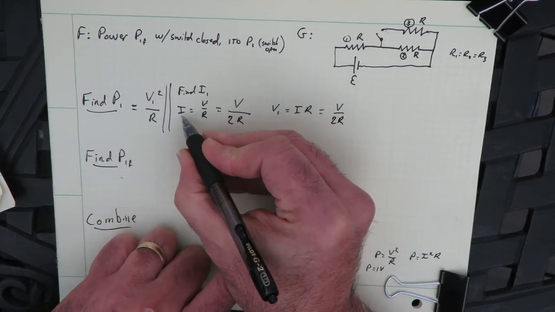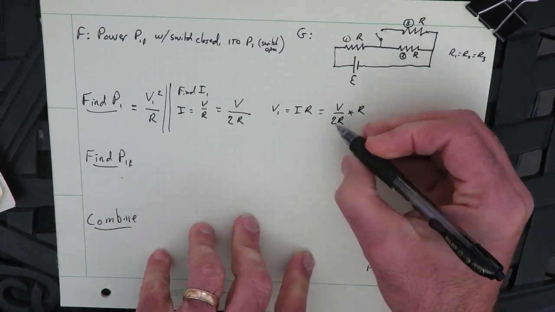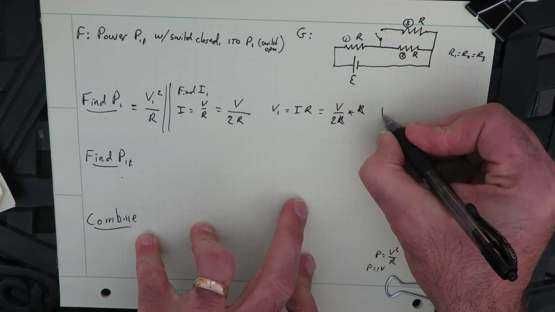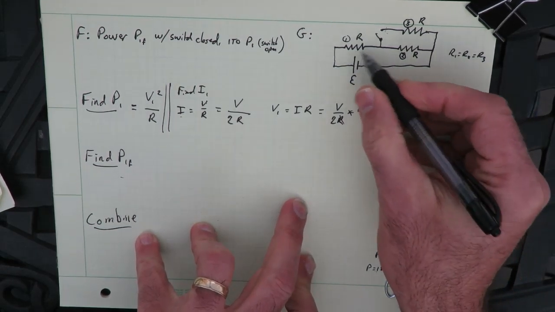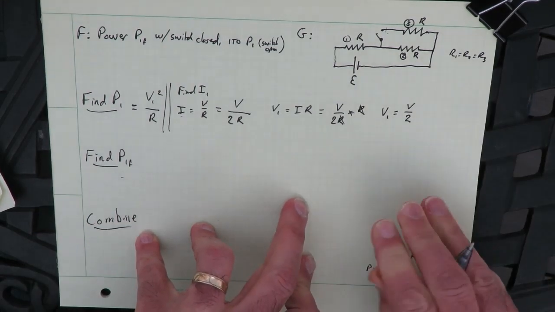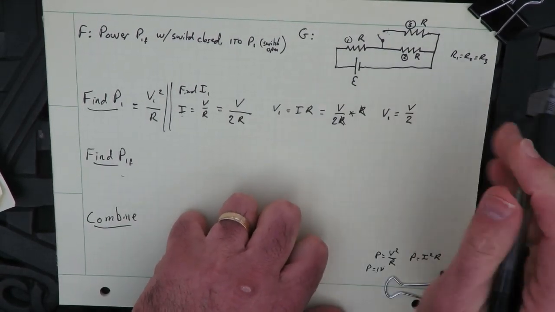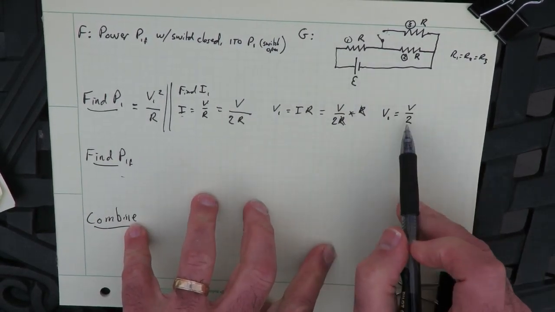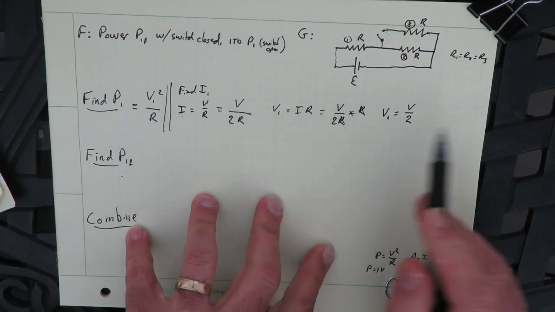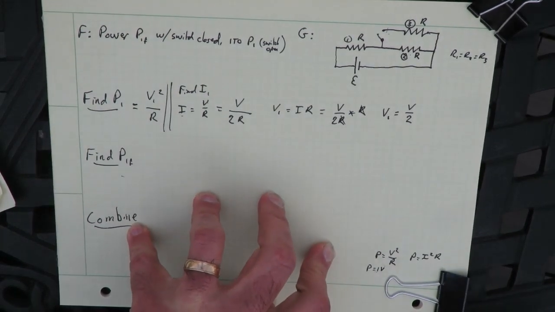That's this term here for the current, times R. The R's are nice enough to cancel out, and we find out that the voltage drop in the initial state is equal to the battery voltage divided by 2. Now, this shouldn't be too surprising because we have 2 resistors at work here, and half the voltage is going to be soaked up by the first one, and the rest of the voltage is going to be soaked up by the second one. Now, a lot of you saw that right away. Good on you, but not everybody does.